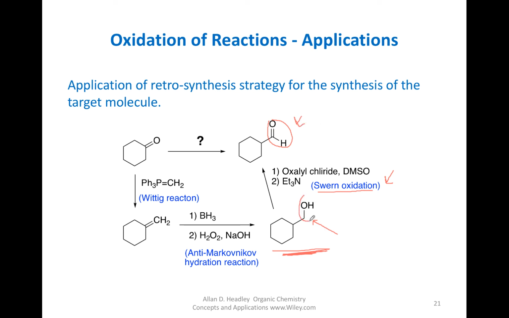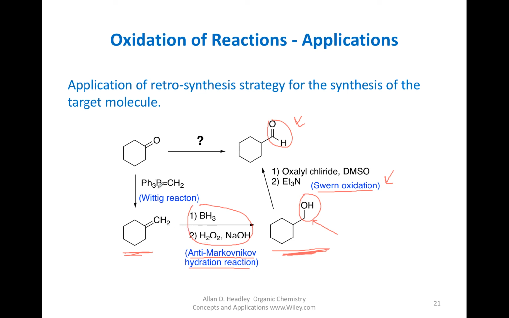This molecule has an alcohol. You can say, how do I make alcohols? You learned from the previous chapter, one way of making alcohols is by the hydration of alkenes. In this case, if you had this alkene, you can carry out a hydration. In this case, it's the anti-Markovnikov hydration, where we will use this set of reagents, diborane or BH3 in the first step, and the second step an oxidation, H2O2 in sodium hydroxide.